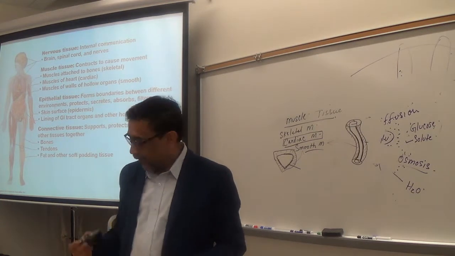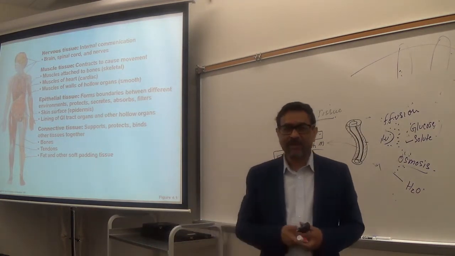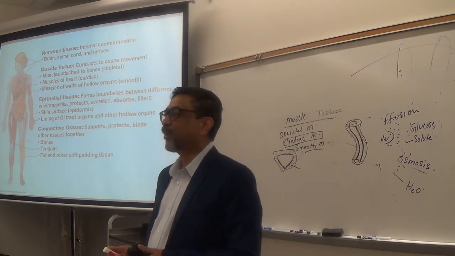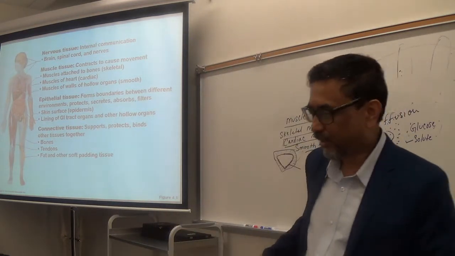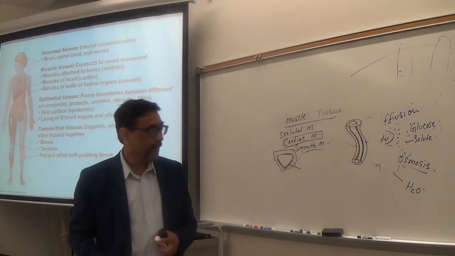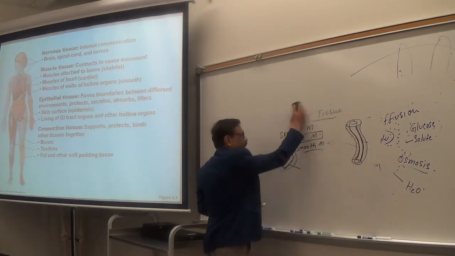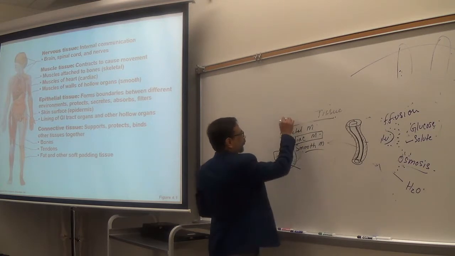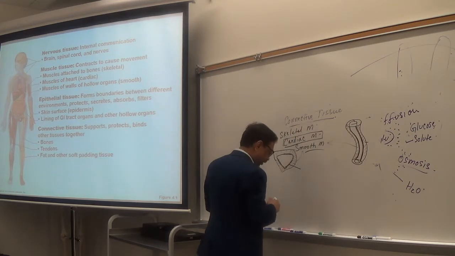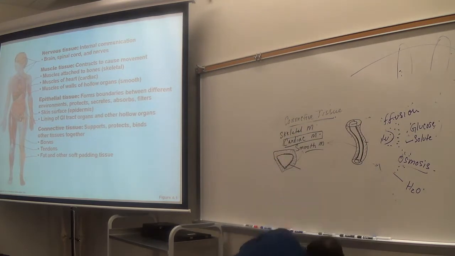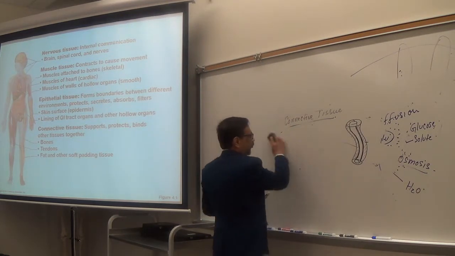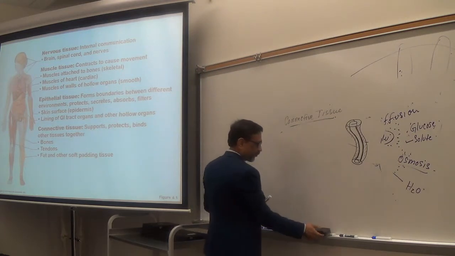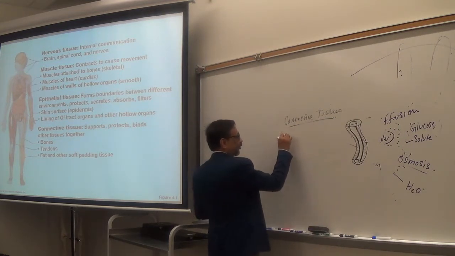Good. Now, connective tissue. Connective tissue is the most common or widely distributed tissue in the body. In many structures, you have connective tissue. For example, many structures are formed by connective tissue.